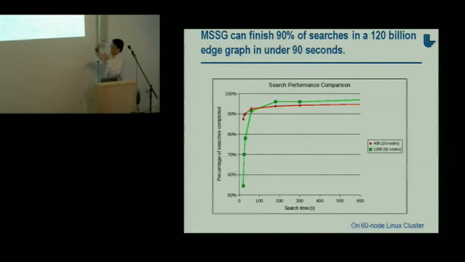That machine, the small rack, is close to $1 million. It's a very expensive machine. Of course, the size of the graph we tried is very small, but also the cluster we ran these experiments on was one-tenth of the Netezza machine size. In this experiment, we can finish 90% of searches in less than 90 seconds, which is pretty good.